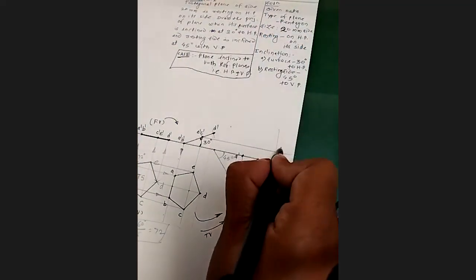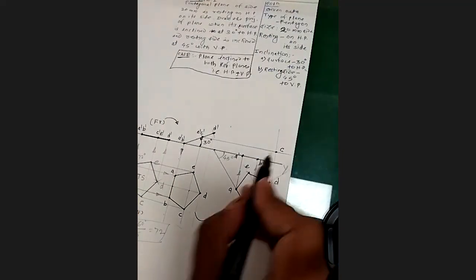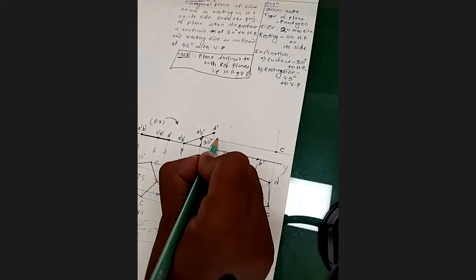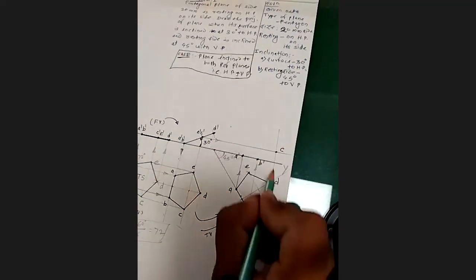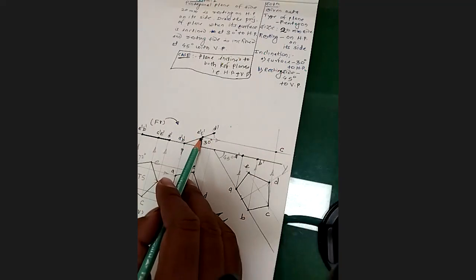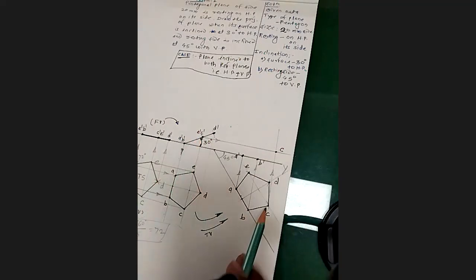So I will say point C. I will immediately mark point C, the intersection of this point C vertically and the projection from C horizontally from the previous stage front view and this stage top view.